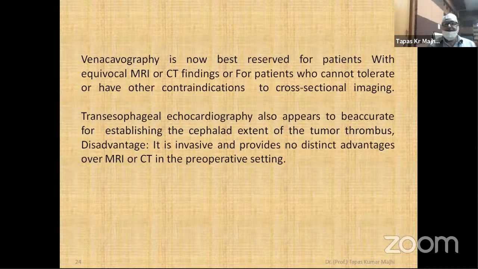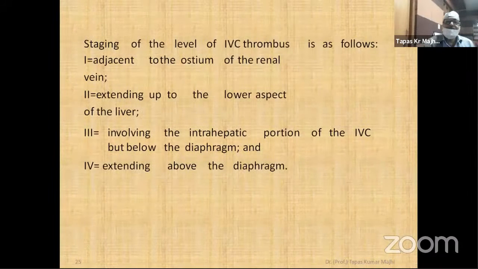Transesophageal echocardiography appears to be accurate for establishing the cephalad extent of the thrombus, because renal vein thrombus extends to the IVC, and IVC thrombus may extend behind the liver and even into the atrium. The disadvantages: it is invasive and provides no distinct advantage over MRI or CT in the pre-operative setting.